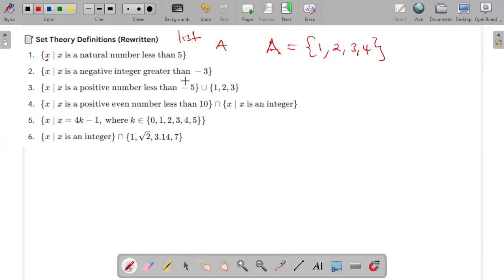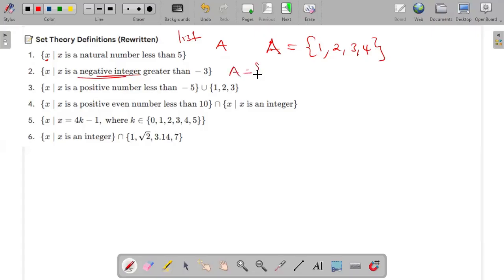When I look at integers, I have both positive and negative natural numbers, and now including 0, of course. The key part is that x is a negative integer greater than -3.